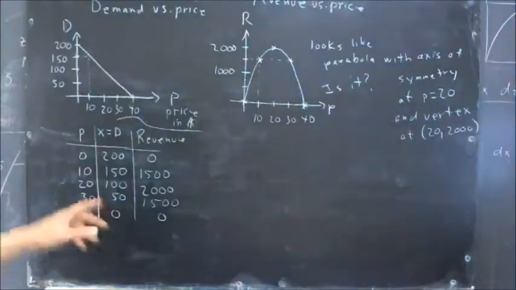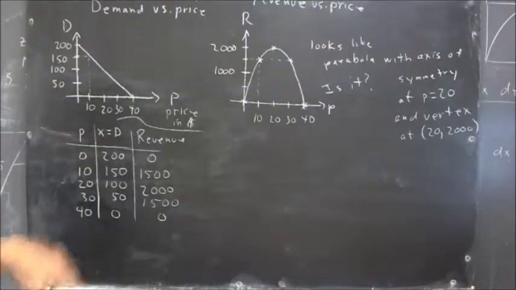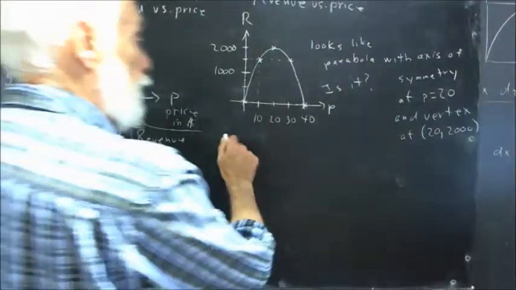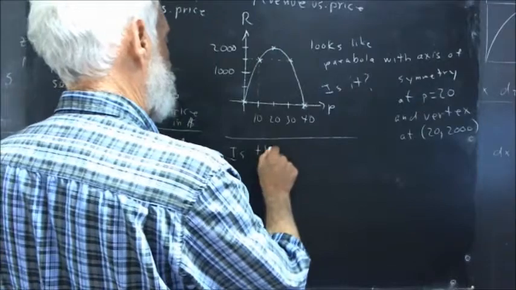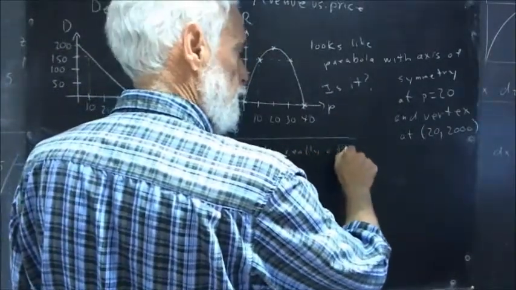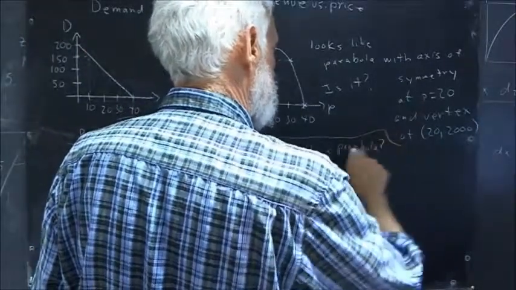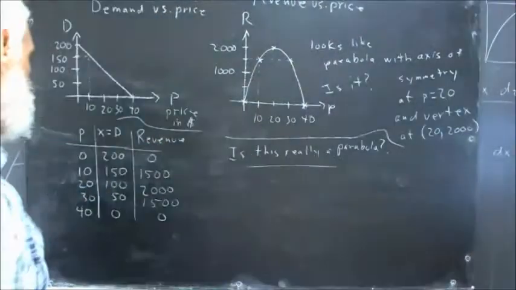And that would indicate that the maximum revenue occurs when we set the price at $20. Okay, so the question is, is this really a parabola?